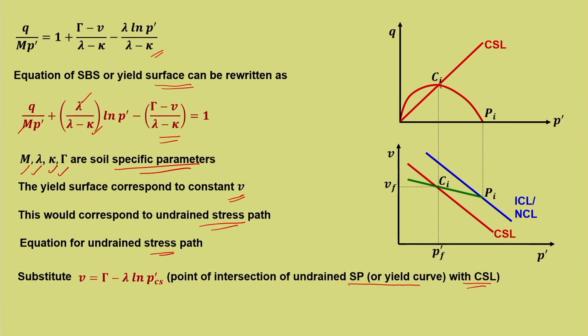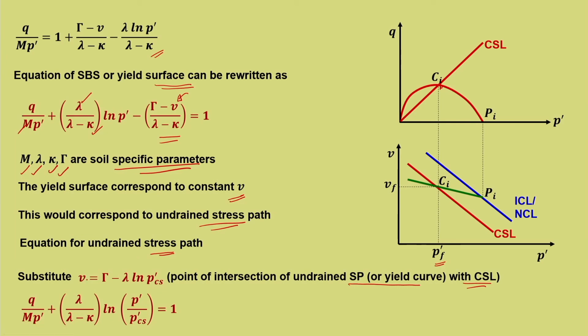Now this is the particular point. Now if that is considered as P dash F or P dash Cs, and for this particular V we substitute this equation gamma minus lambda ln P dash Cs, what we will get? So, we get q by M p dash plus lambda upon lambda minus kappa ln p dash.